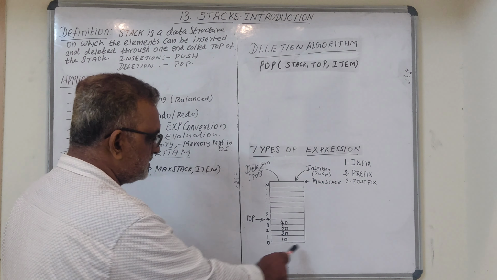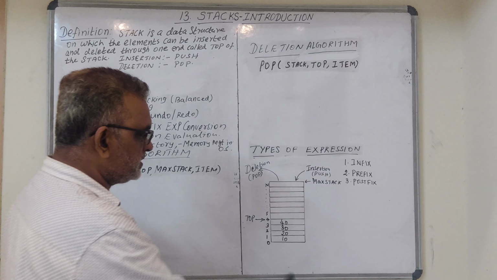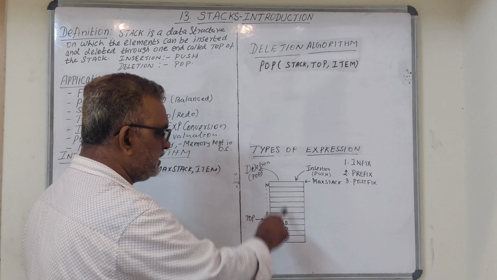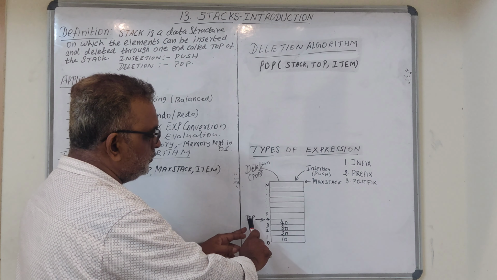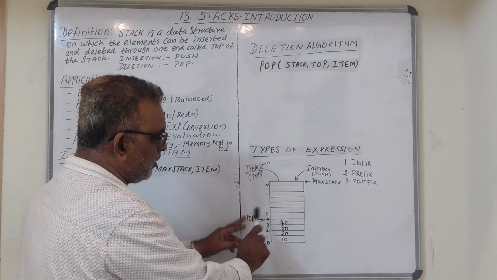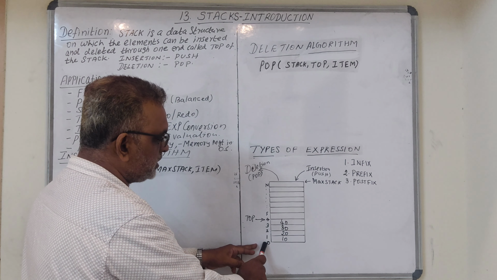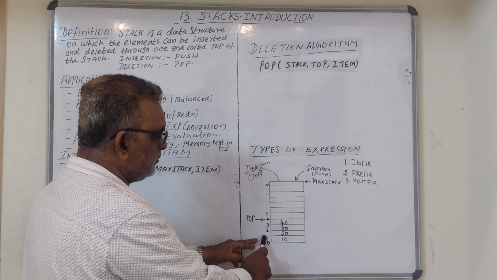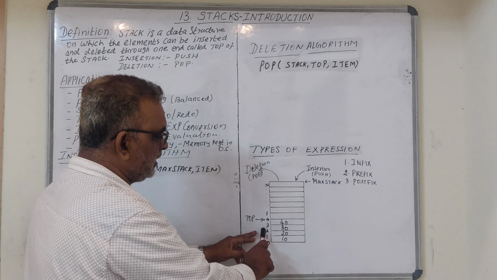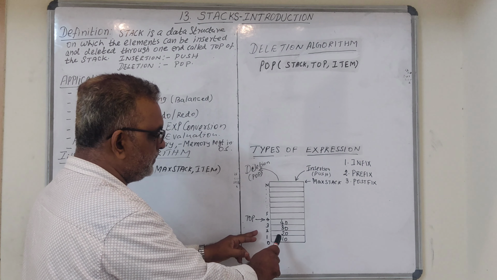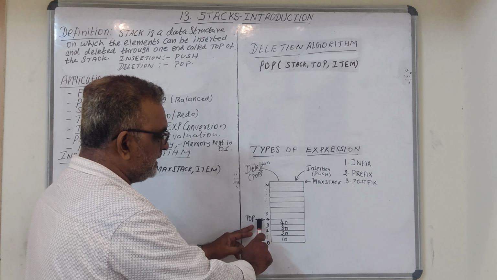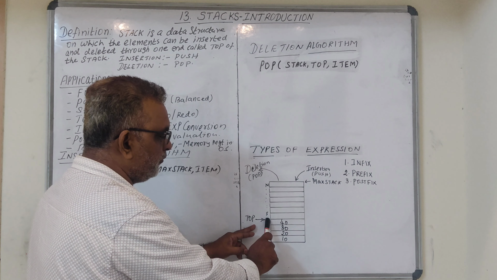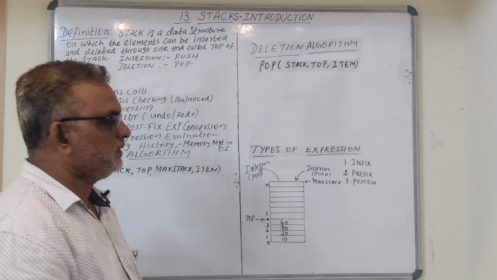Let us consider this is a stack in which we can insert elements through the end called the top. Initially the top value is 0 and we insert an element, 10. So the top value is 1, then the top becomes 2 by inserting 20. Now the top is at position 4, that is 40.